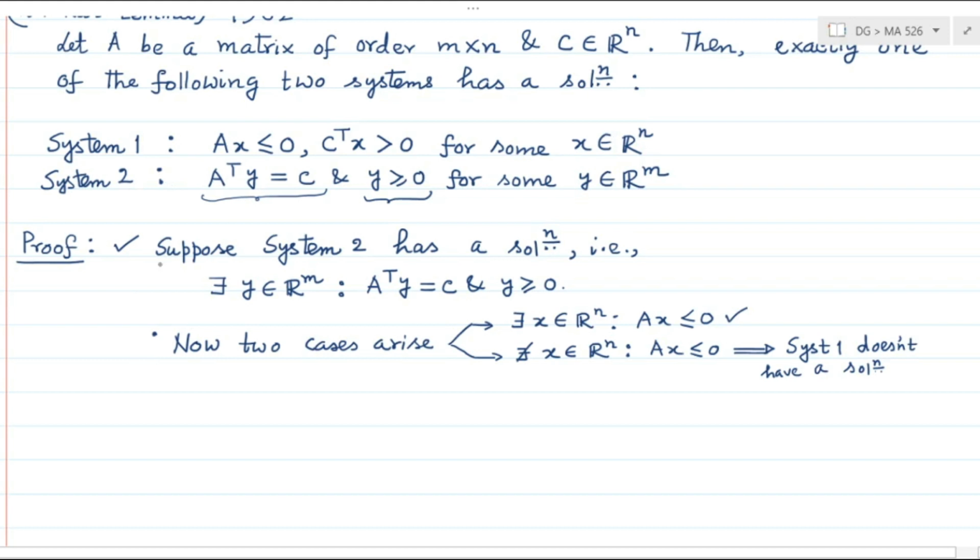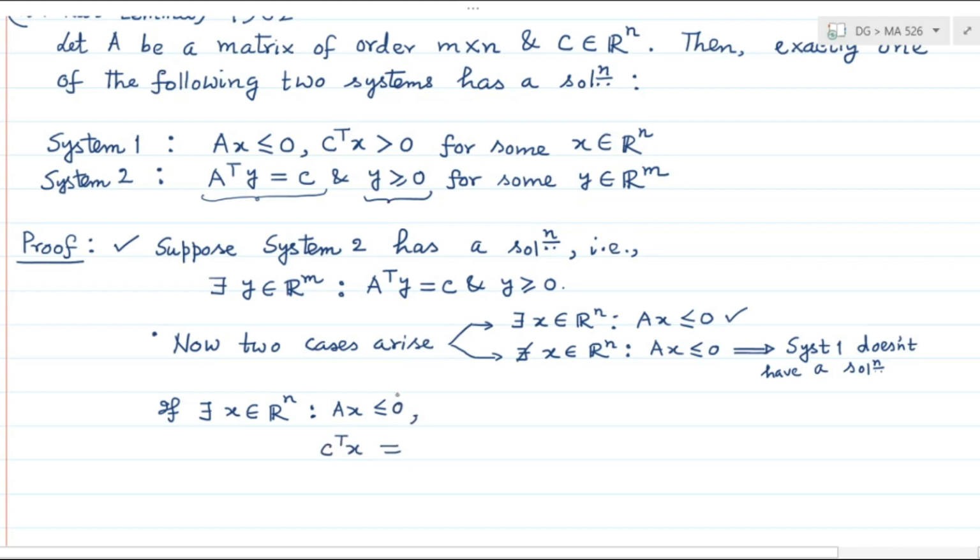Let's suppose now there exists one x belonging to Rn such that Ax is less than or equal to 0. If this is happening, then let us compute what C transpose x is.